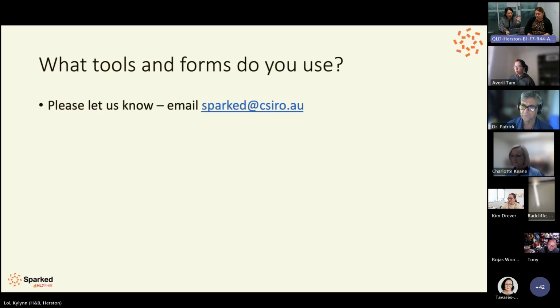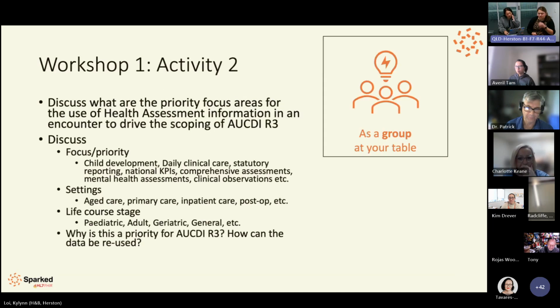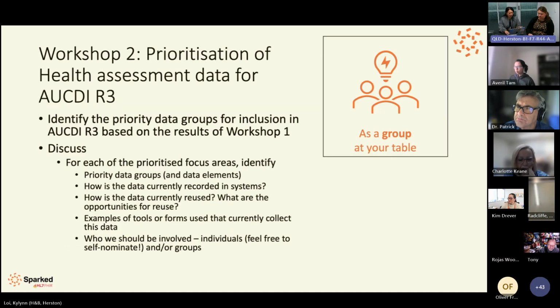We did discuss this as a group, and there weren't any objections to taking this approach. So we might start with this approach for modelling health assessment information, but we'll talk about this in more detail at the next meeting, because the other thing we talked about in that workshop was where we should focus our efforts. What health assessment information are we interested in, and what are the priority data groups we want to include?